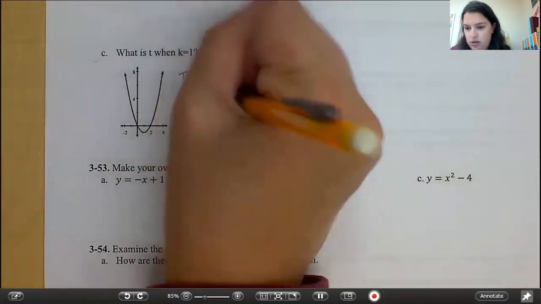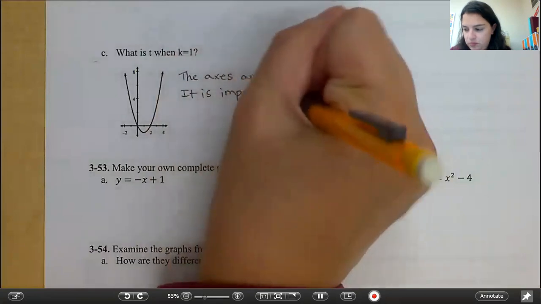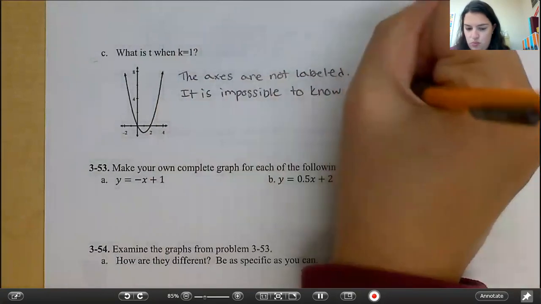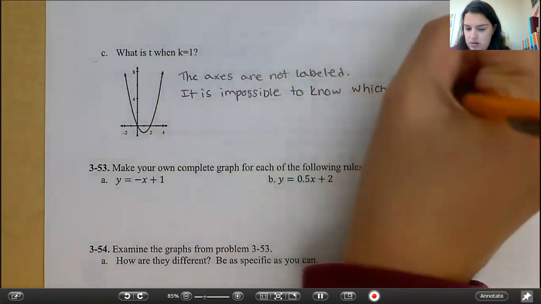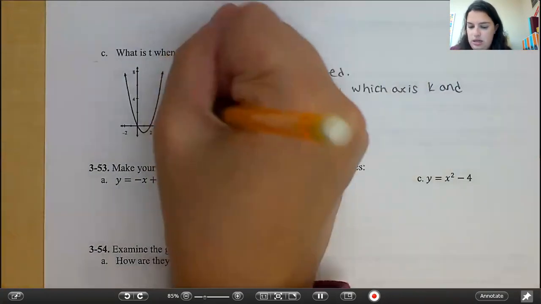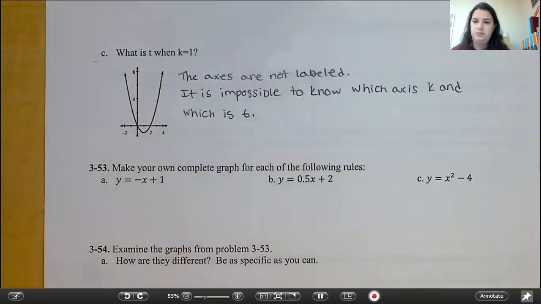It is impossible to know which axis is k and which axis is t.